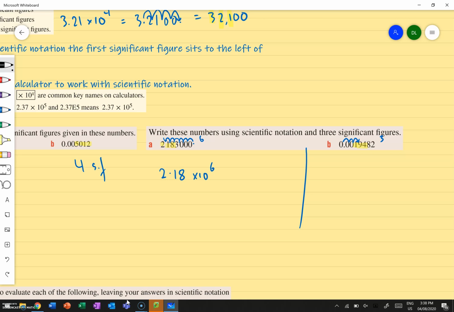But I need to round up because it's 8, right? Hopefully you remember that with 8, we're rounding up. So I get 195 instead of 194. After that, we do our decimal point right after our first non-zero digit, and I write times 10 to the power of negative 3, because it's a very small value, remember.